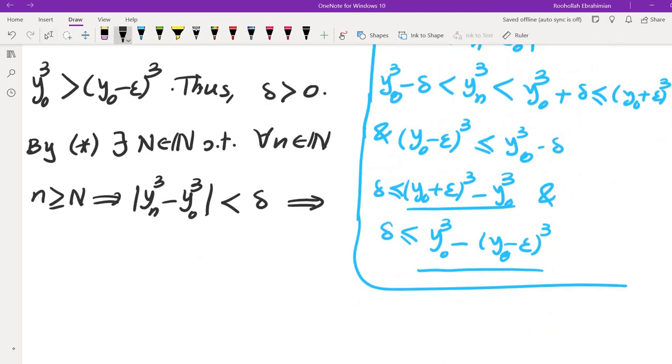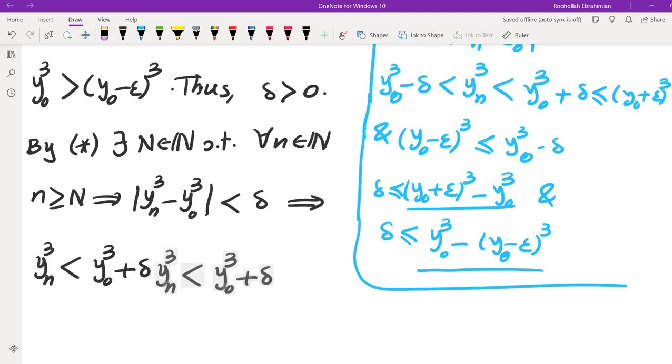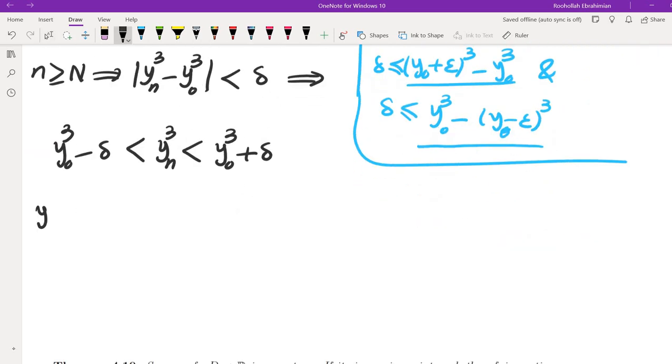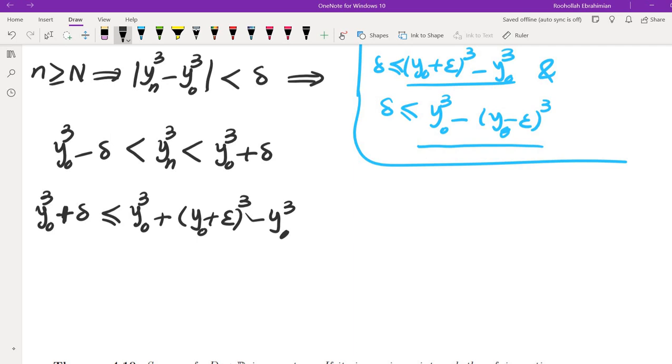So this means yn cubed is less than y0 cubed plus delta and greater than y0 cubed minus delta. Now if you look at y0 cubed plus delta, that is less than or equal to y0 cubed plus delta, where delta was the minimum of (y0 + epsilon)^3 - y0^3.